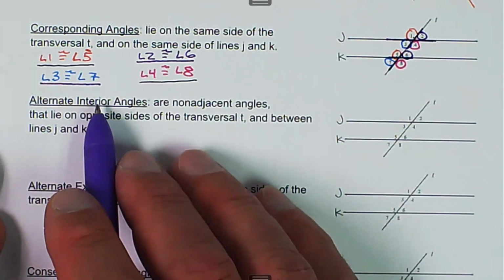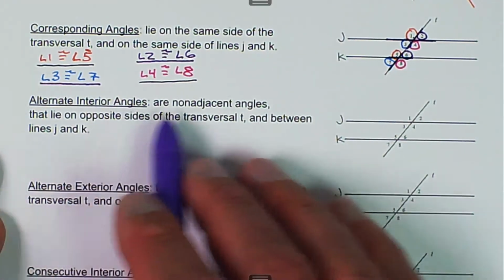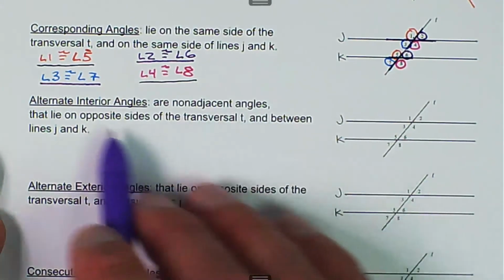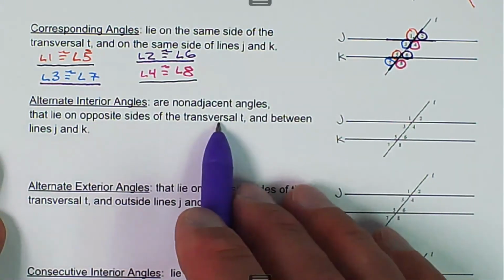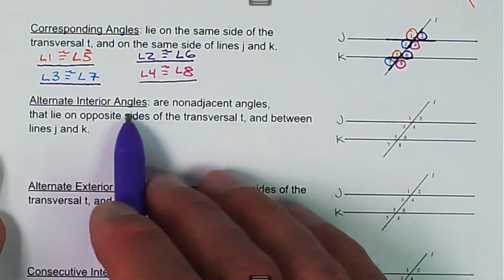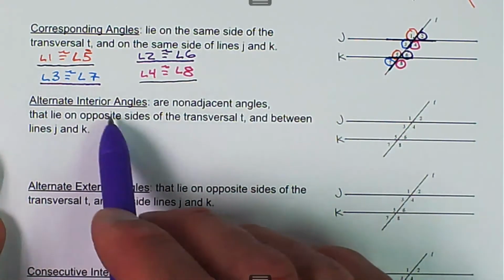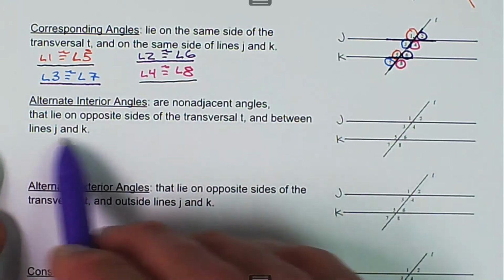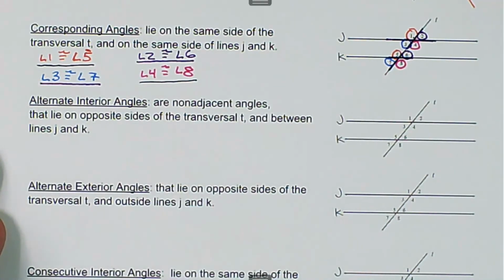Next, we have alternate interior angles. They are non-adjacent angles, so they can't share a side, and they lie on opposite sides of the transversal T. That's where the alternate comes from. So opposite sides, alternate sides, and they have to be interior, in between. Okay, so we only have 2 examples of this.